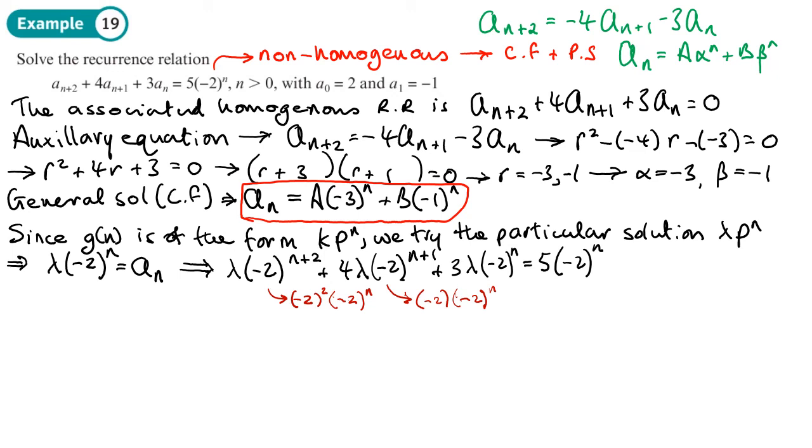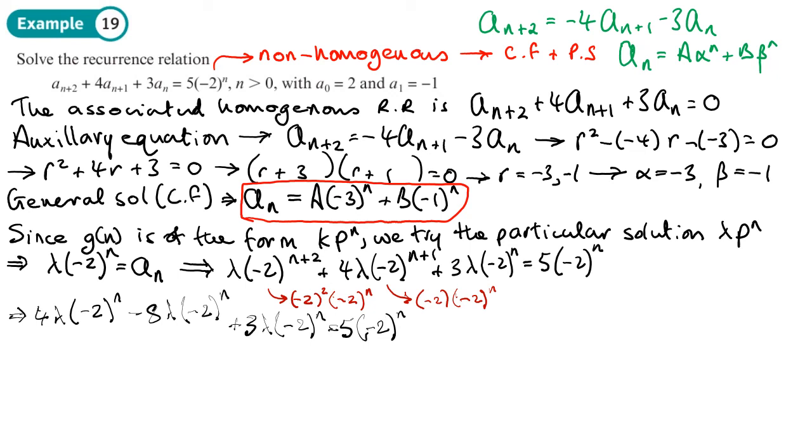Negative 2 squared is 4, so I have 4 lambda times negative 2 to the power n. Then here, negative 2 times 4 is going to give me negative 8 lambda times negative 2 to the power n. And the last term we don't need to change, so that would be 3 lambda times negative 2 to the power n, equals 5 times negative 2 to the n. So now we've got all of the powers the same.